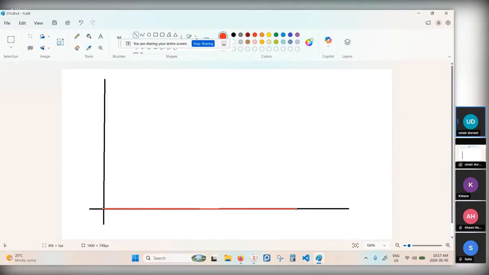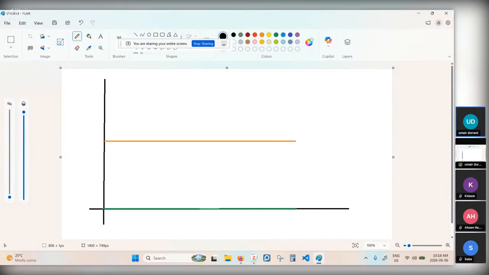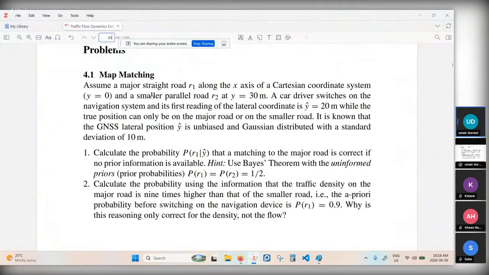And the second one, let's use a different color for this one. So let's look at the problem again.